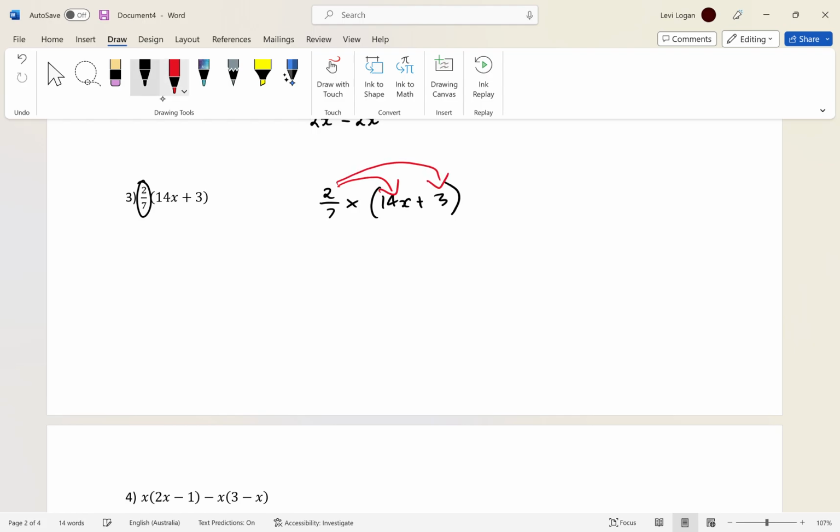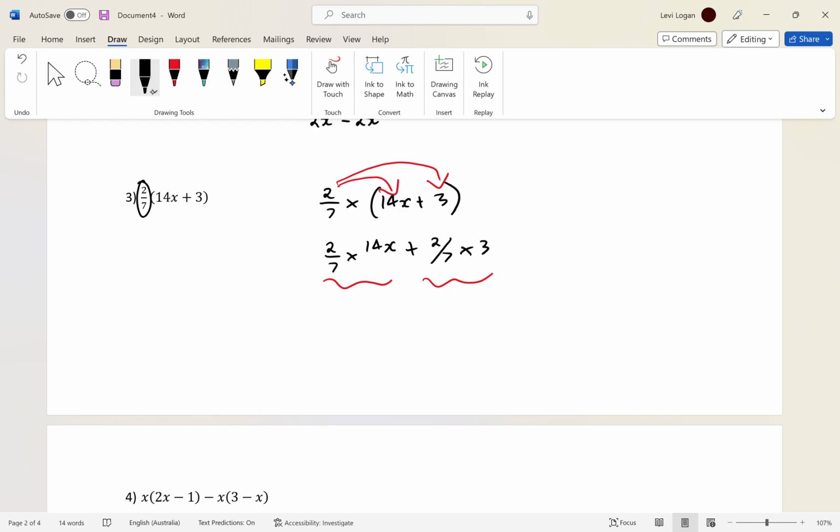So we go 2 over 7 multiplied by 14x plus 2 over 7 multiplied by 3. Notice how these terms are separate. It's because they're not like terms. One of them has an x and one of them is just a number, so we can't add them together. We just treat them separately.